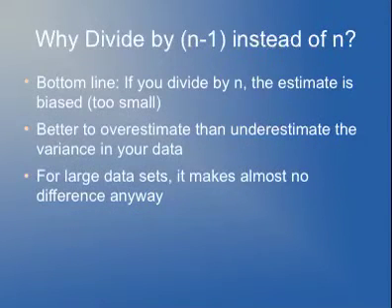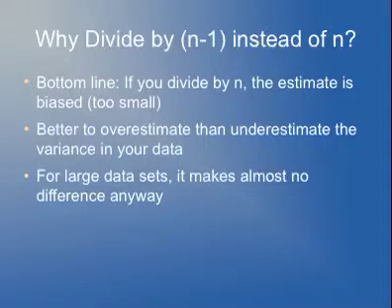Why we divide by n minus 1 instead of n is that if you just use n, the estimate is biased. It's too small. It will give us a standard deviation that is smaller than what the actual value would be. Since we want to overestimate the variance and the standard deviation, we use n minus 1.